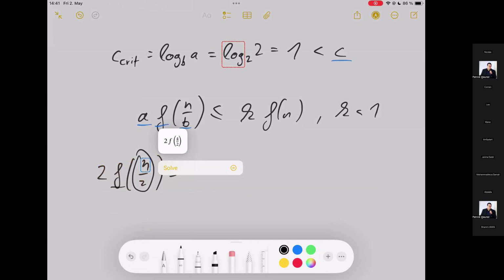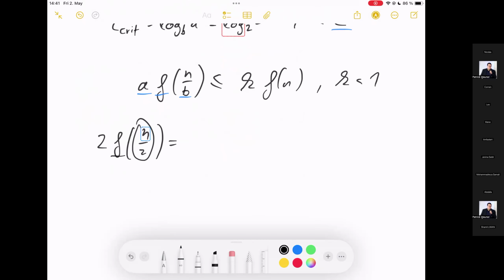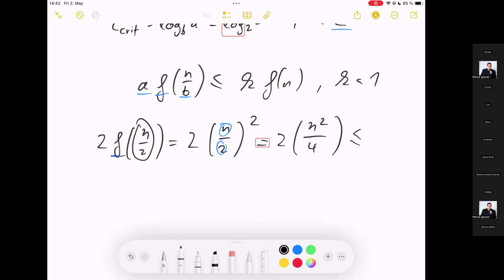So we can say it's 2 times n half squared, because the function f just squares. So we can say 2 times n squared divided by 4, because we just square this term and this term. And this one is less than or equal to k times n squared.